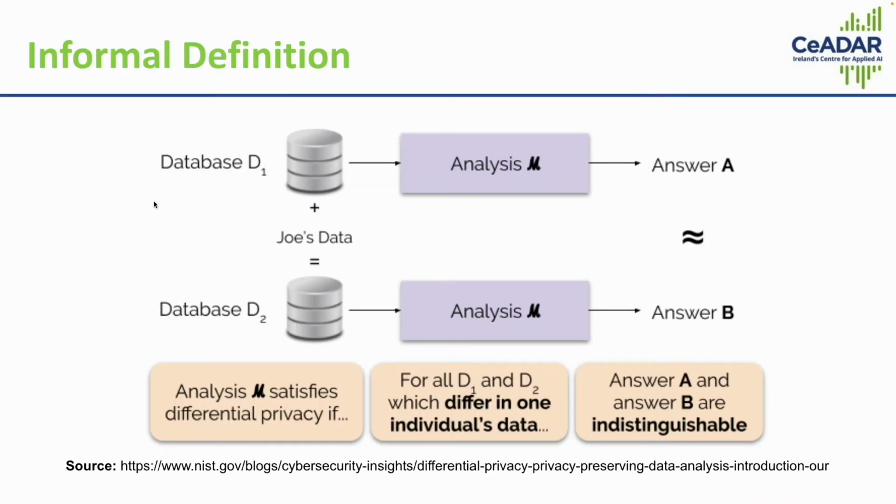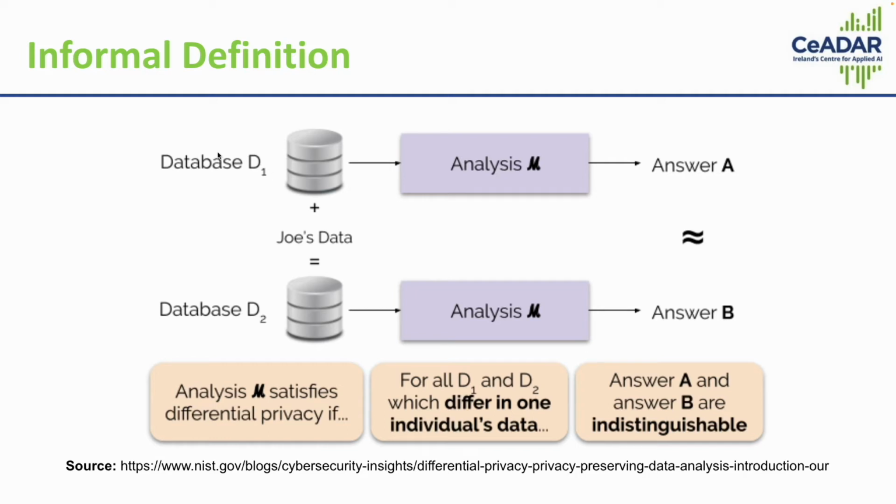So first, we have a look at the informal definition of differential privacy. The first thing to note is that differential privacy is a definition of privacy. It's not a process in itself, but if a process is differentially private, then we can mathematically guarantee that the output of that process would be private, or differentially private to be more precise. So by this definition, consider two databases.